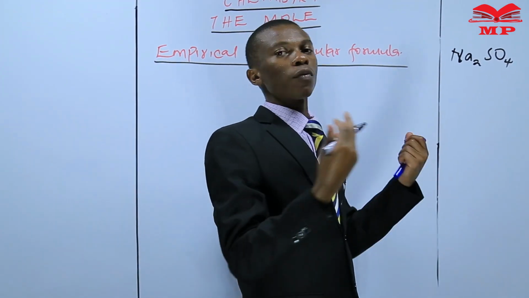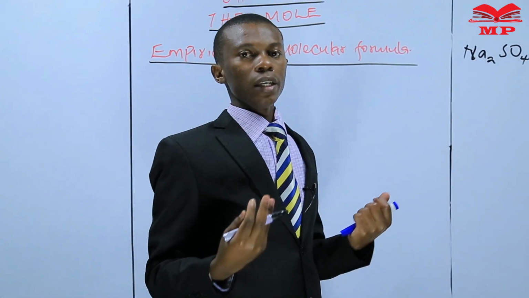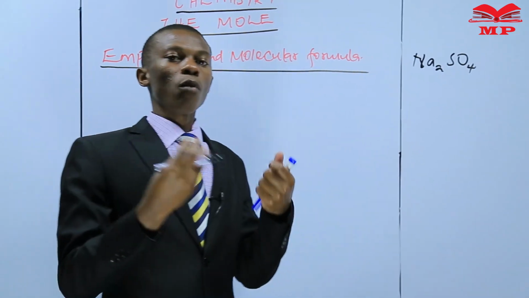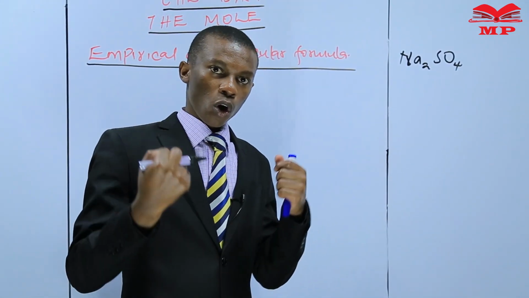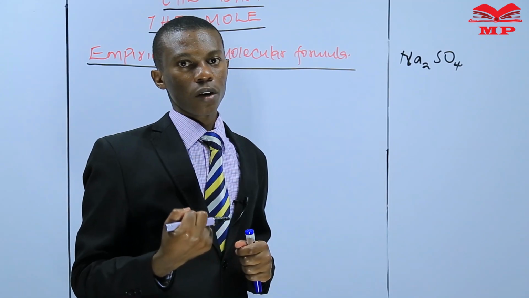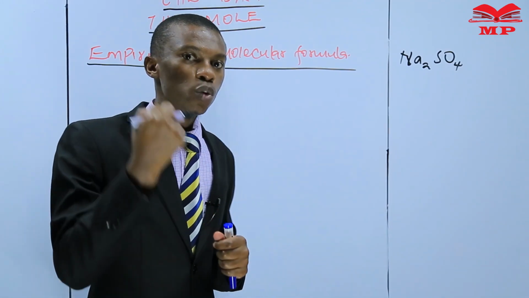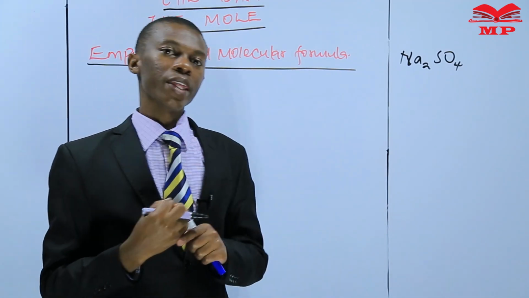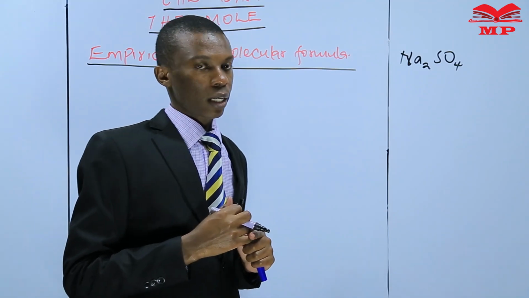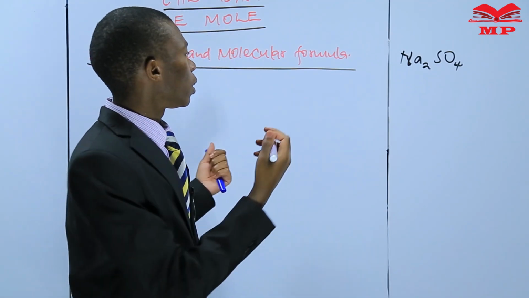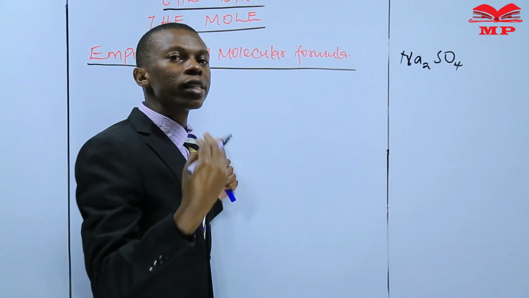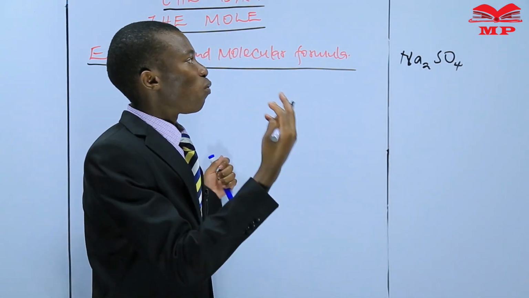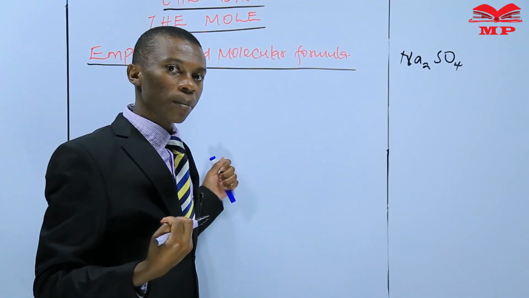the relative formula mass is given by the sum of the relative atomic masses of all the atoms in the unit formula of that compound. We got it by summing up the masses of all the atoms forming the formula sodium sulfate.